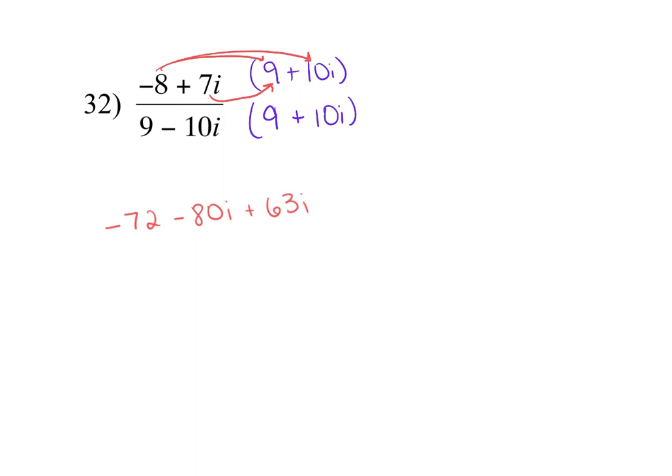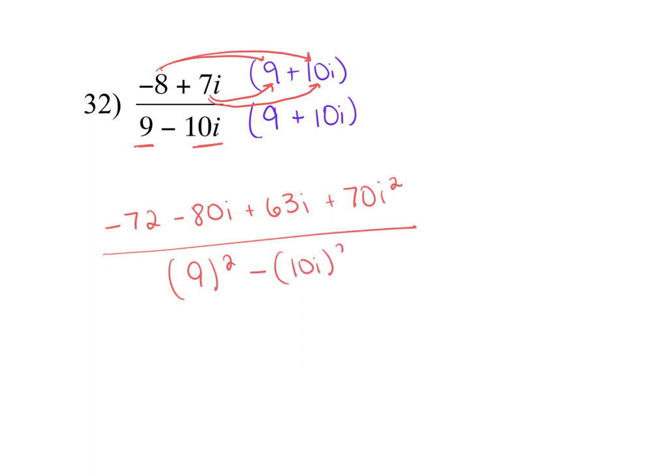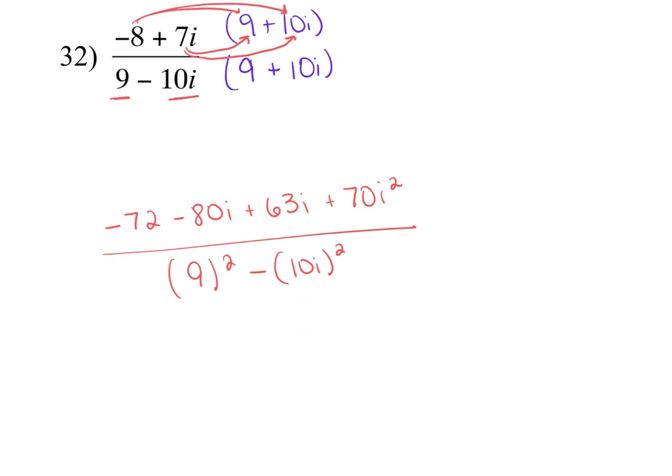And 7i times 10i is 70i squared. Okay? On the bottom, it is conjugates. The first one squared minus the second one squared. Always. When you multiply conjugates.